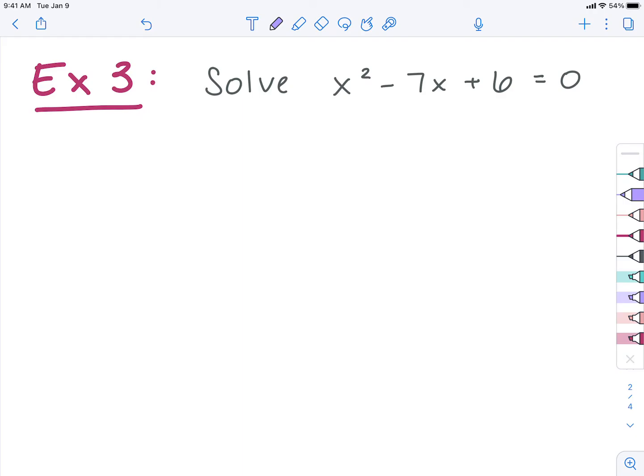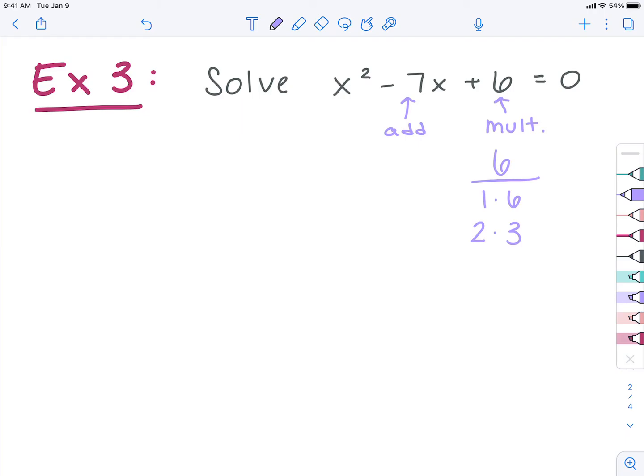But I do notice I have 3 terms, which means it's a trinomial. So now I'm asking myself, what multiplies to 6 and adds to negative 7? So I'm looking for factors of 6 that add to negative 7. So if I'm looking for my factors of 6, I've got 1 and 6 and 2 and 3.